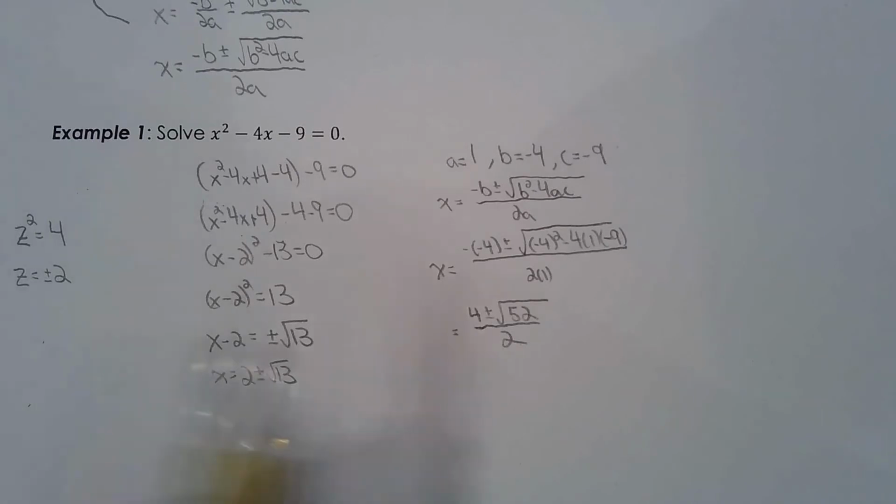So I want you to compare and contrast which way was faster. Was completing the square faster or the quadratic formula? I would argue that the quadratic formula is a touch faster, and I would say careless mistakes are less likely to take place when a student uses the quadratic formula. But you know what? There's nothing wrong with solving by completing the square.